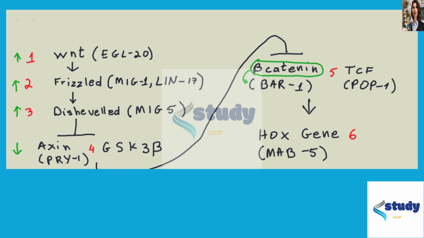Okay, so let me say that again. Because level 4 downregulates level 5, if you have more things at level 4, you are going to have less things at level 5. If you have less things at level 4, you are going to have more things at level 5. Sorry, let me draw a better arrowhead there. You are going to have more things at level 5 and then more things at level 6.